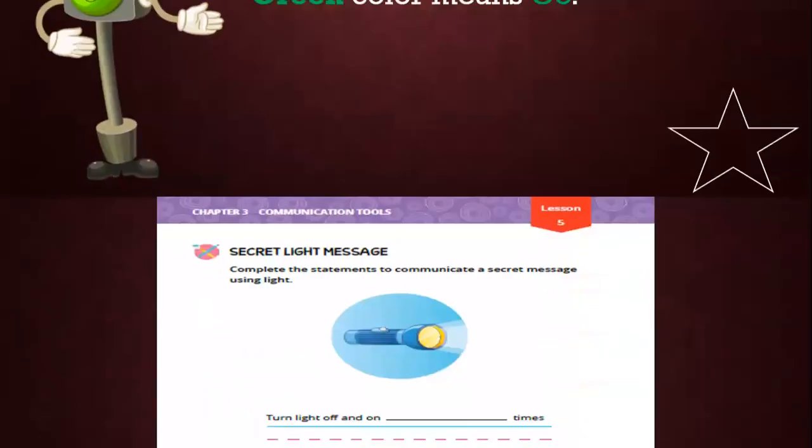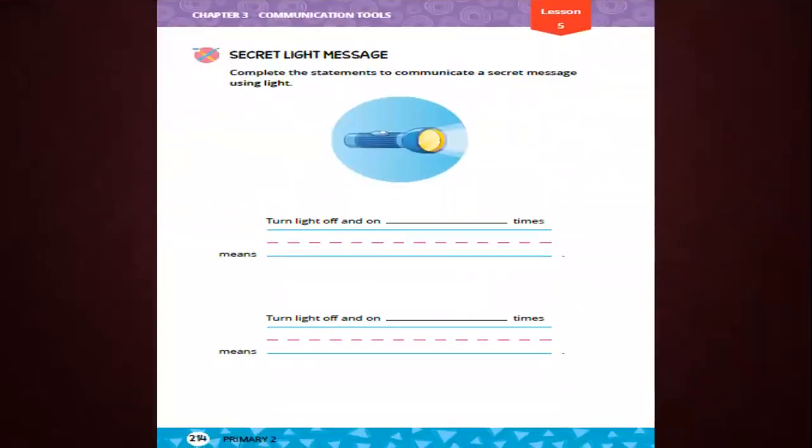Now, open your book, page 214, titled Secret Light Message. Complete the statements to communicate a secret message using light to hop on foot or wave your hands. For example, when we turn the light off and on one time, this means to hop on one foot.